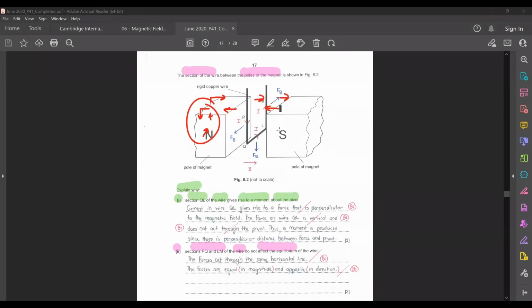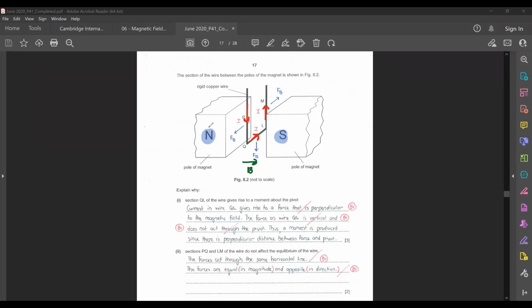So right now, what we should have would be something like this. We have our current going down here, and then going over here, and finally over here. And then because we already know the polarity of the poles of the magnet, we could also likewise say that our magnetic field is going to be acting towards the right.